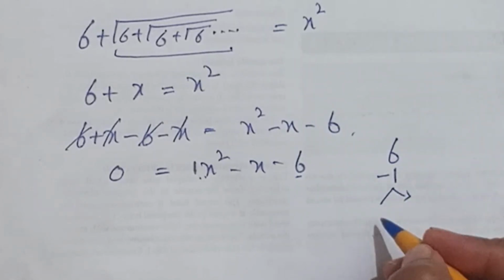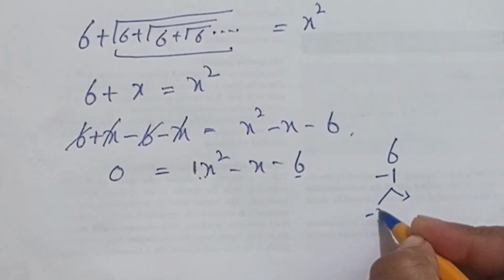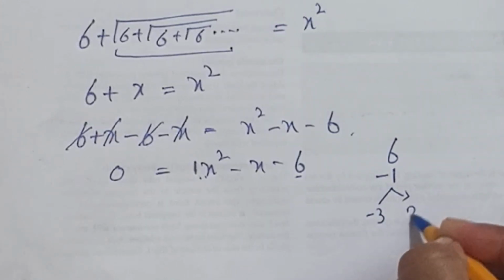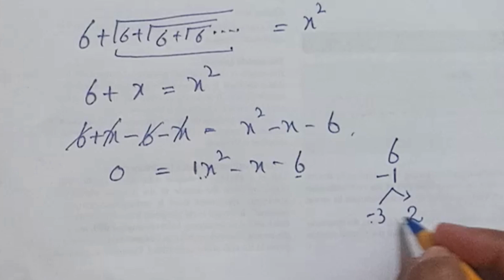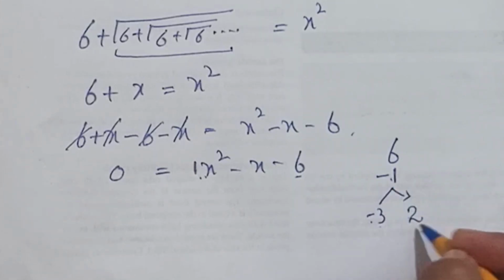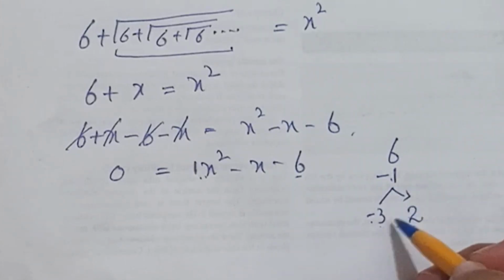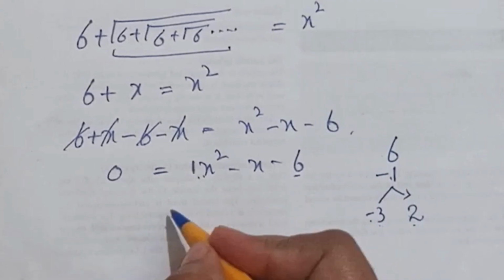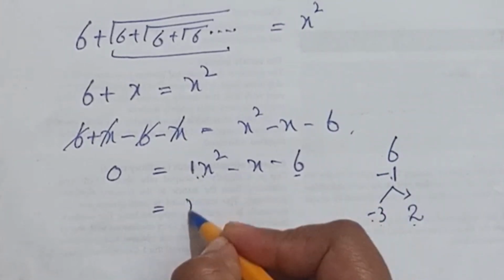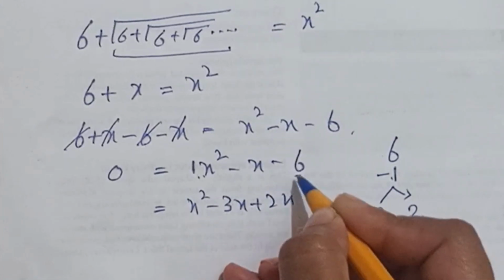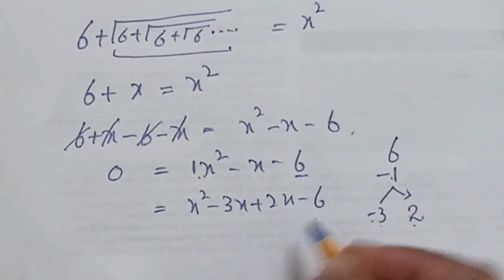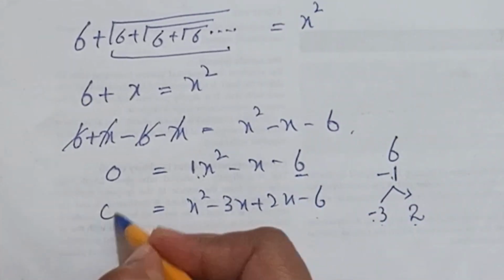So the two numbers are minus 3 and positive 2. If we add minus 3 plus 2, we get minus 1, and if we multiply, we get the constant 6. So we write the middle term as minus 3 times x plus 2 times x, and the constant is minus 6, which is equal to 0.